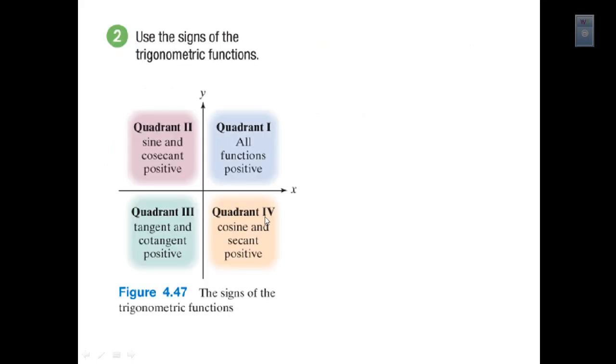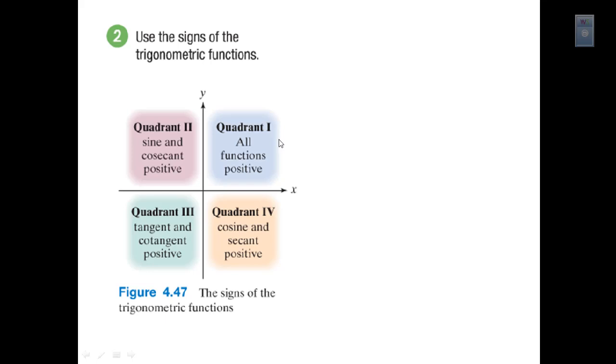Now, if we look at the quadrants, remember the quadrants are the 4 parts of the coordinate plane. For quadrant 1, now remember, your sine is based off of your y value. Your cosine is based off of your x value. Your r is always going to be positive because we're taking the square root.